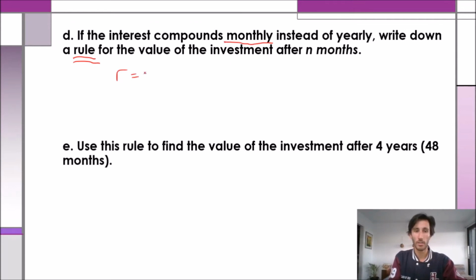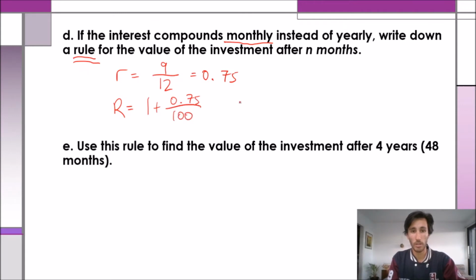So r in this case is going to be, well, 9% divided by 12, which is 0.75. And our R is going to be 1 plus 0.75 divided by 100, which is 1.0075.